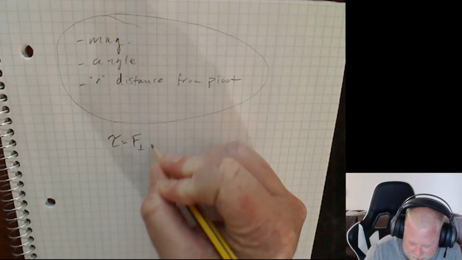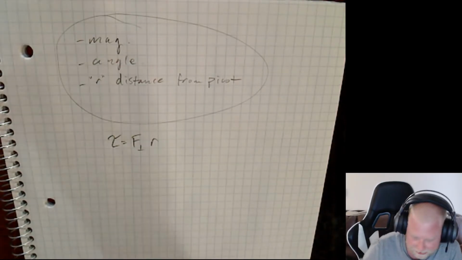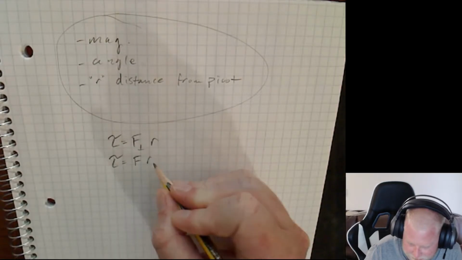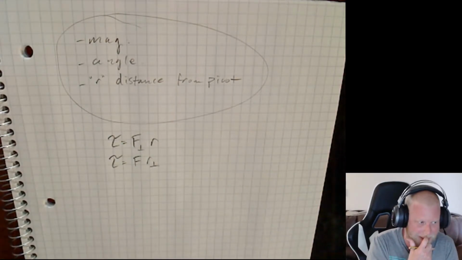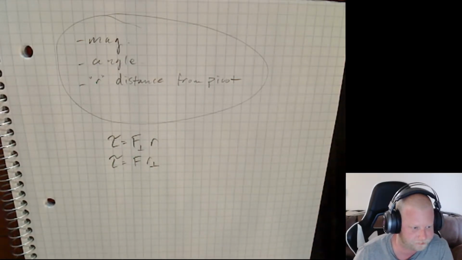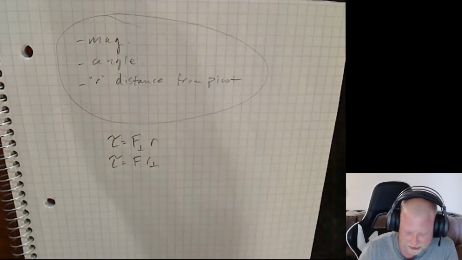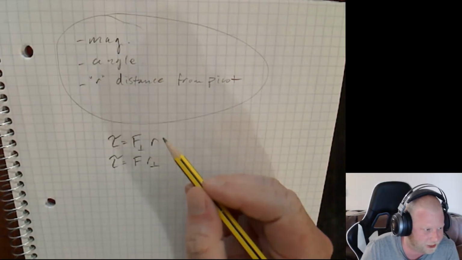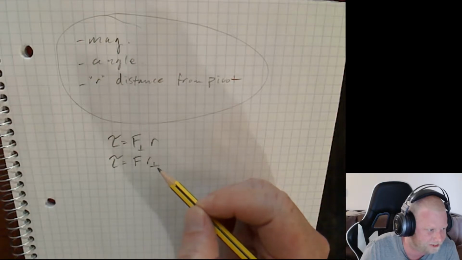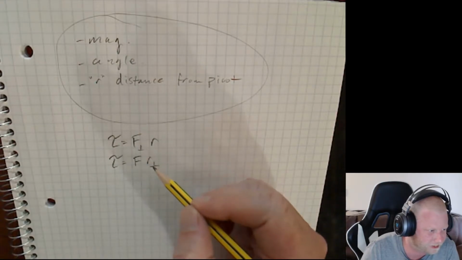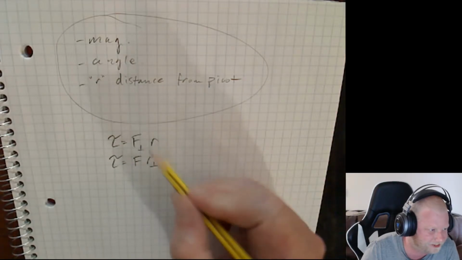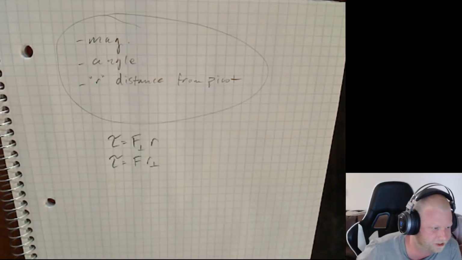It could be a perpendicular force applied to a radial line, or a force applied to a moment arm. And that will make sense in a second here when we start to look at some of these images. But again, the key thing here, even without understanding necessarily what this equation means right now, is that there's got to be some perpendicular relationship between a force applied and some distance from the center of rotation.